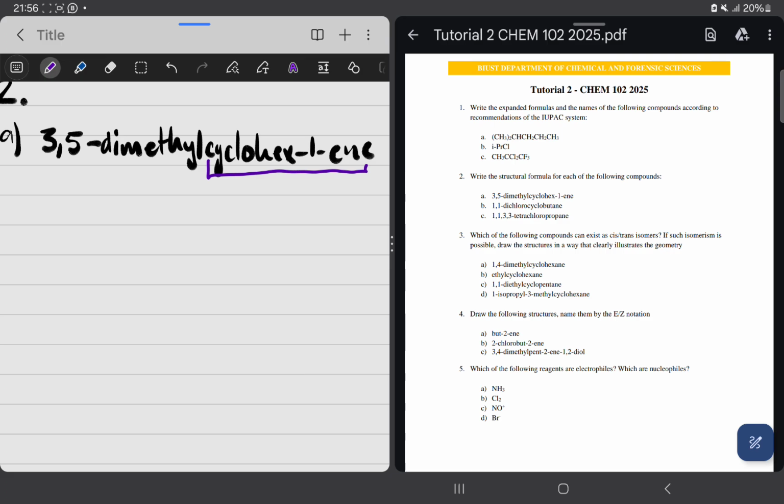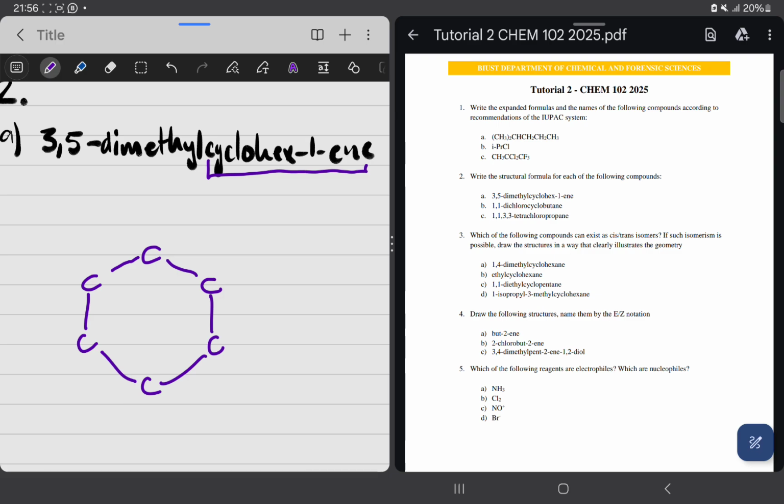And for alkenes, we put where the double bond is. We put the location here. And here we can see it's on carbon number 1, which means it's carbon number 1 to carbon number 2. So let's put the hexene. Remember, we are not putting bond line. We are putting the C's because we are putting displayed. So it's going to be like this, then down here like this.